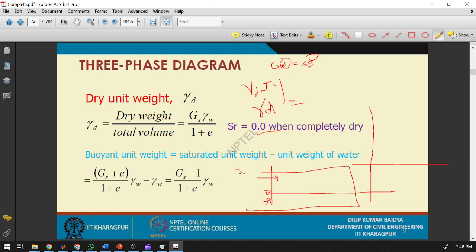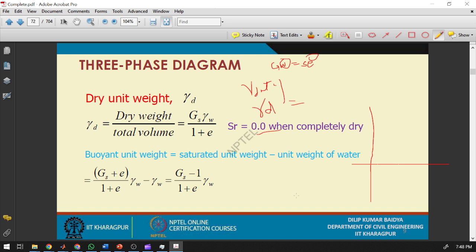Effective gamma, we will take as gamma saturated. While as for this, we will take it as gamma submerged, because under groundwater you will have a buoyant force. Above groundwater you will not have a buoyant force. And gamma submerged is usually gamma saturated minus gamma w.